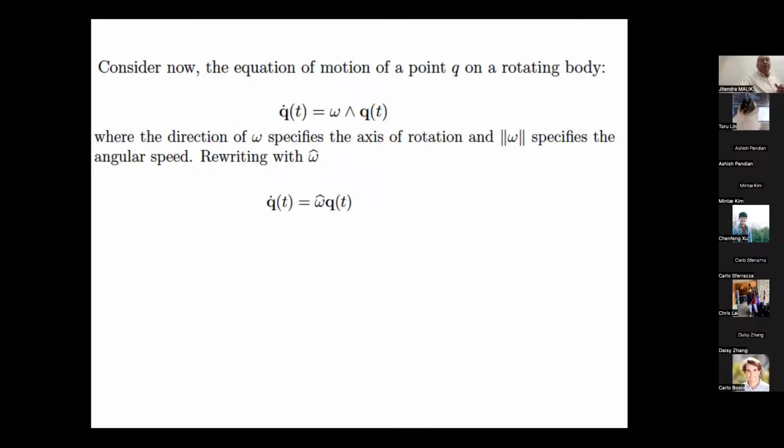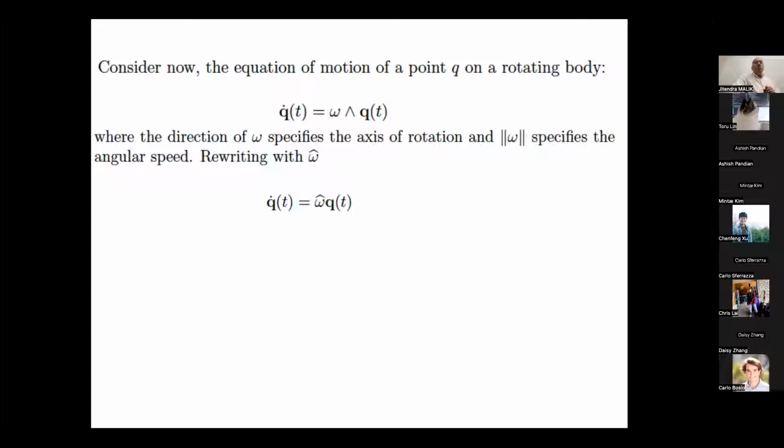Here omega is a vector, and this is the angular velocity vector. And the angular velocity vector has a direction which corresponds to the axis of rotation, and its magnitude tells you the speed of rotation in terms of radians per second or something like that. So omega is a vector, its direction is the axis of rotation, its magnitude is the rate of rotation, radians per second.